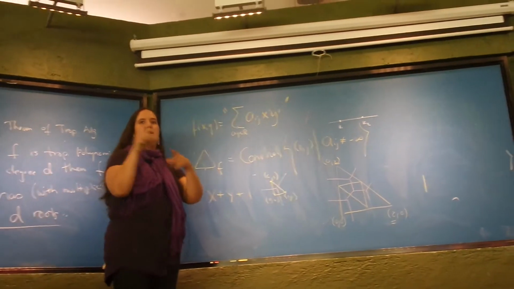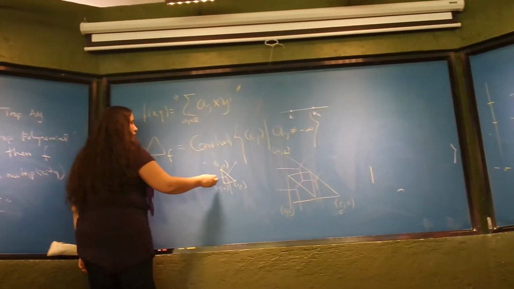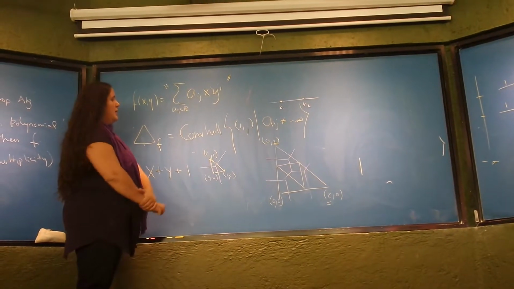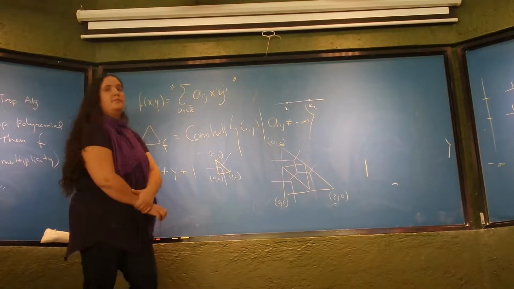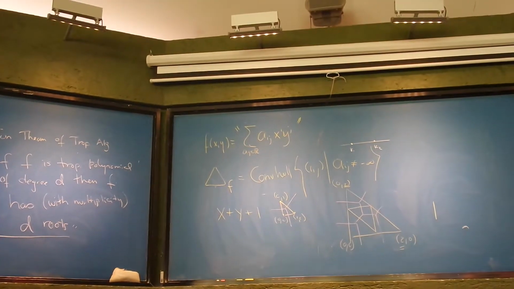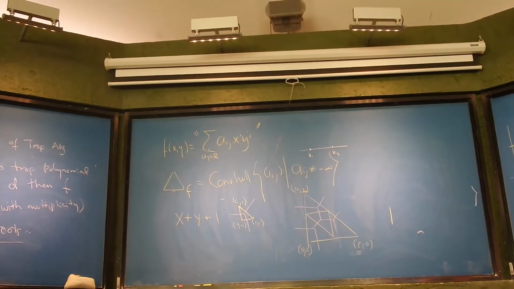Then going back to your question a little bit, the Newton polytope of a line has area 1/2. Sorry.